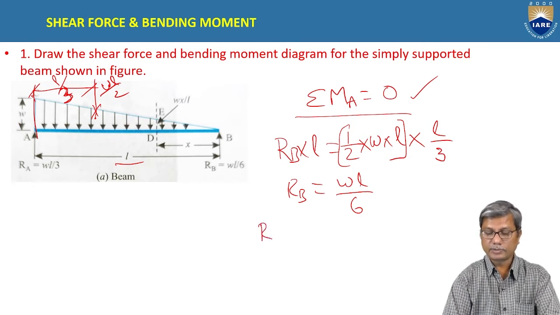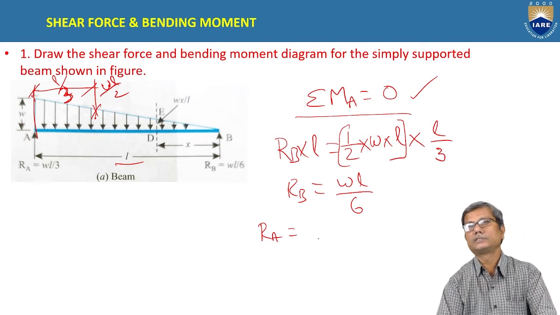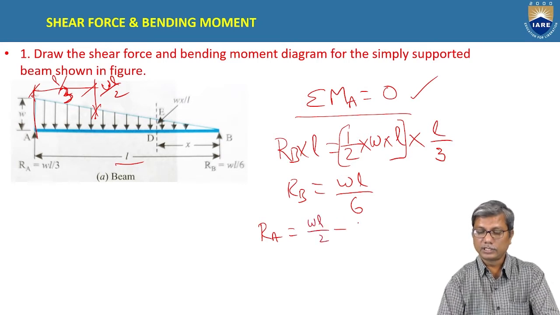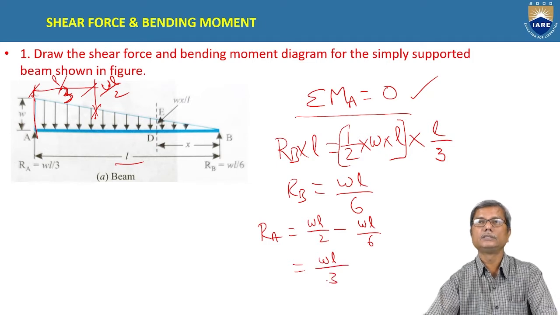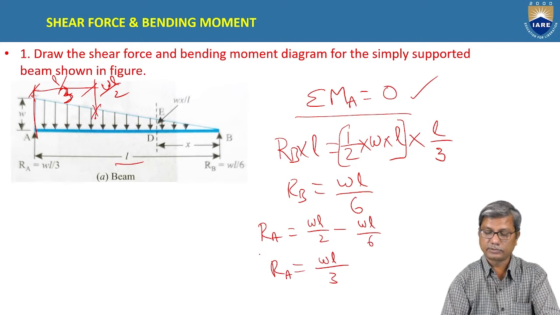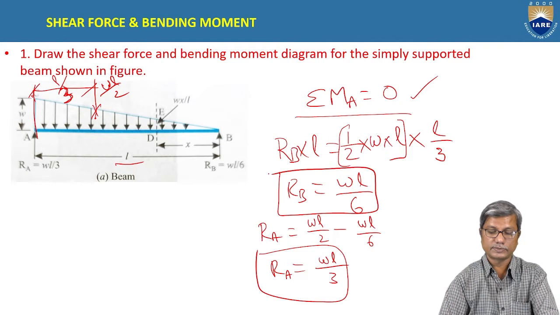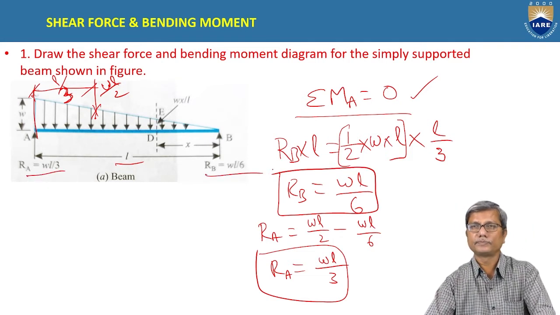And RA is obtained as total downward load minus RB. Total downward load is WL by 2 minus RB, WL by 6. So this gives WL by 3. So the reaction at A is WL by 3 and reaction at B is WL by 6. That is what is shown here in the figure.